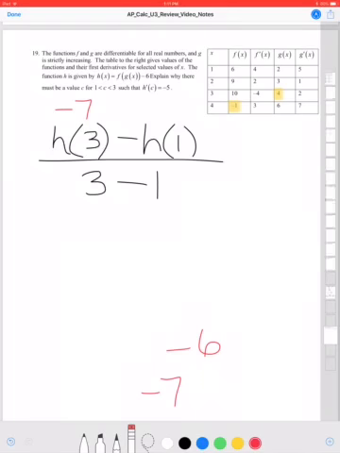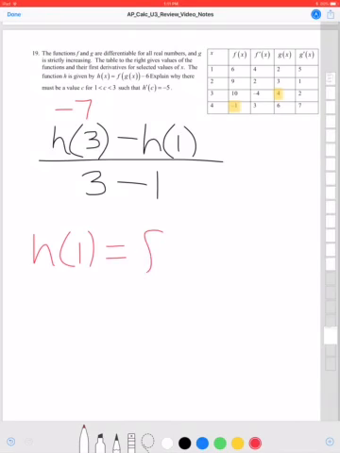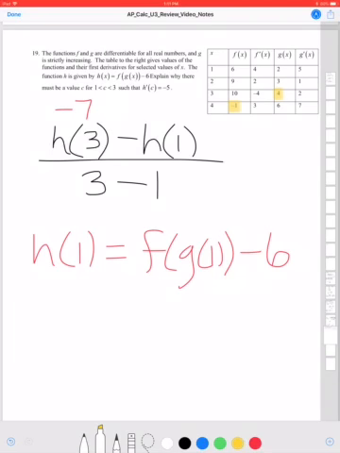Let's do the same thing for h of 1. H of 1 is equal to f of g of 1 minus 6. G of 1, over to g, is 2.